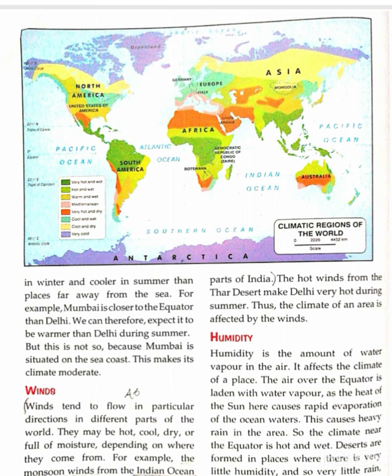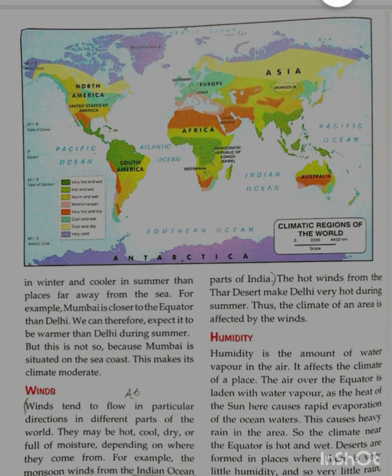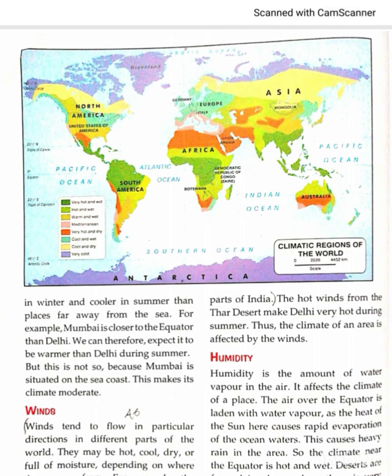Because water bodies are not present there, evaporation is not taking place, and because of less evaporation humidity is less, and if humidity is less, rain will not happen. So the climate near deserts or these kinds of places will be hot and dry.